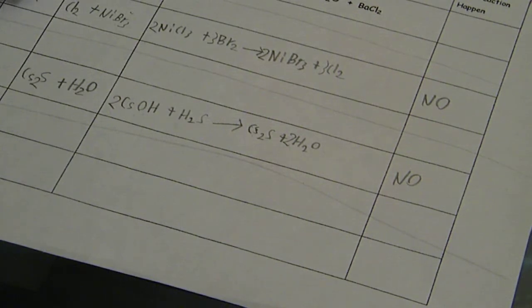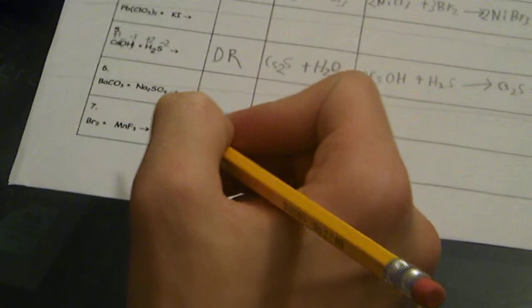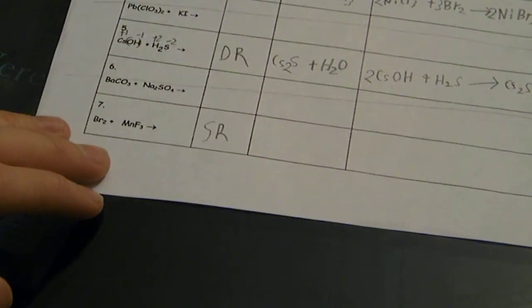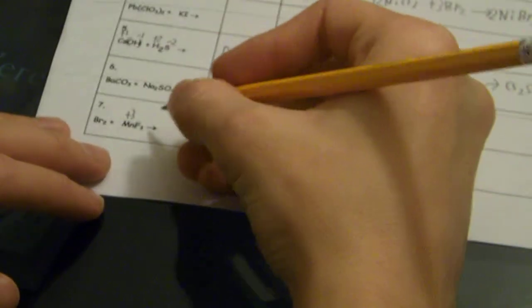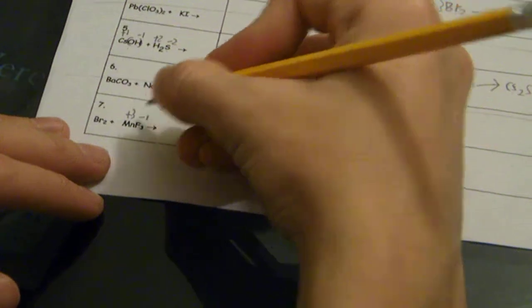So moving on to number 7, you have Br2 plus MnF3. So Mn has a positive 3 charge, plus 3, and F has a minus 1 charge.